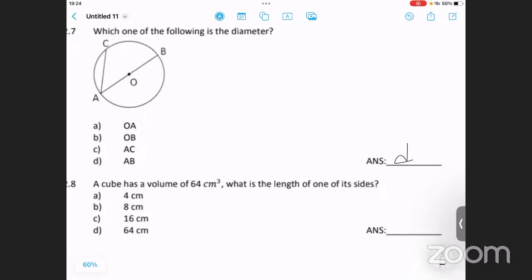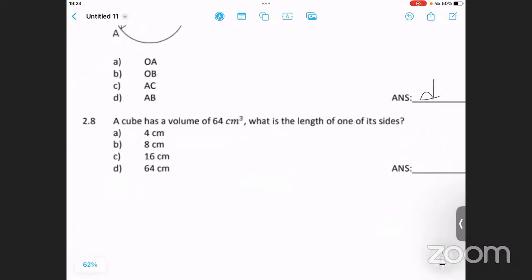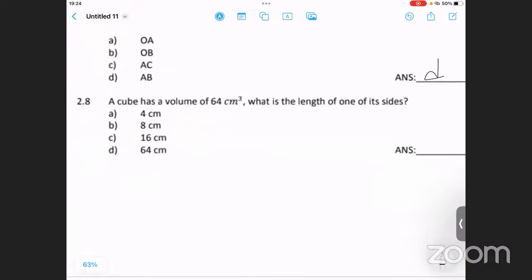Is it the line that passes through the center and to the opposite side of the circumference? Yes. So it's a straight line from the circumference of a circle that passes through the center of the circle to the other circumference, which is AB.